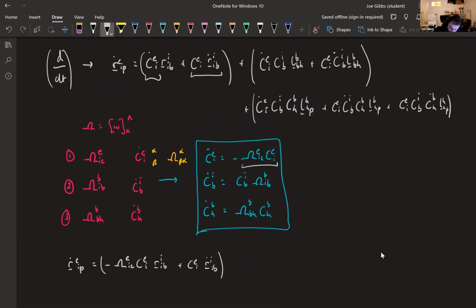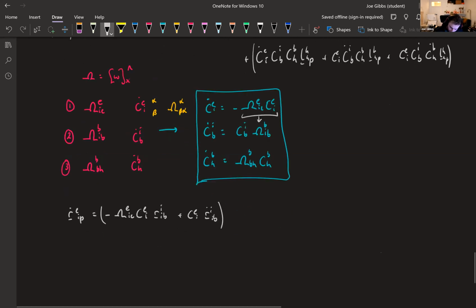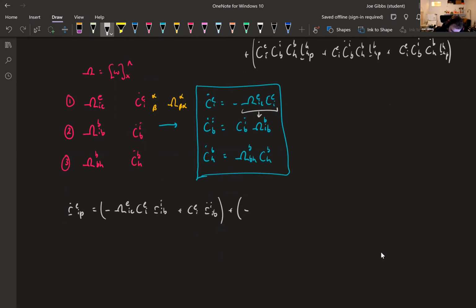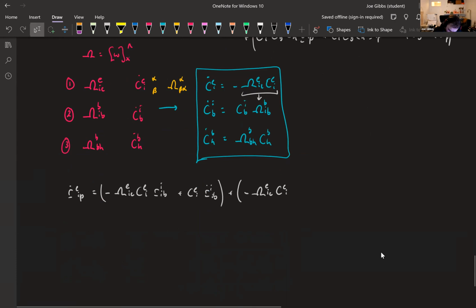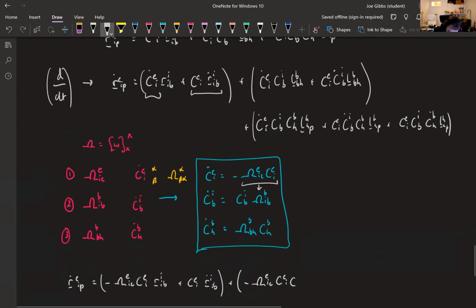Second one, we immediately have this value again, so we're going to put that in, and again we're going to get a negative angular rate with direction cosine matrix multiplied by length and plus our second. I'm missing a matrix there, aren't I? CIB.